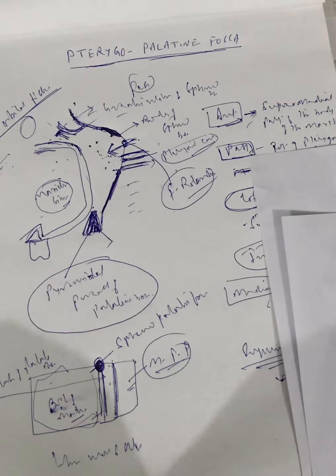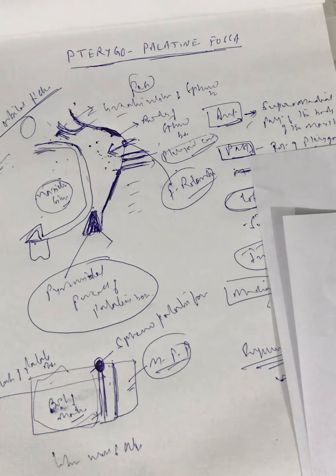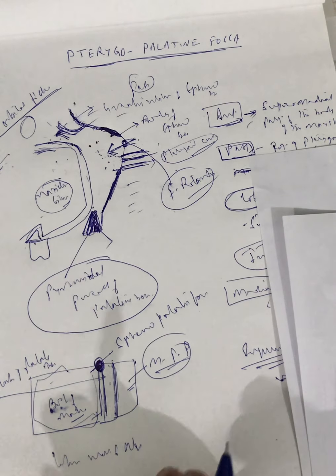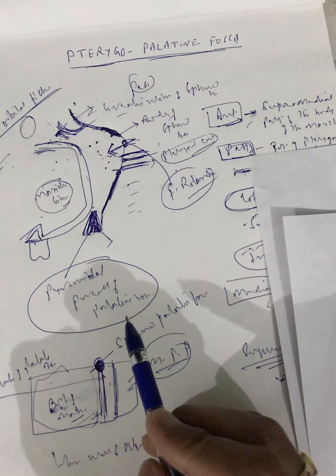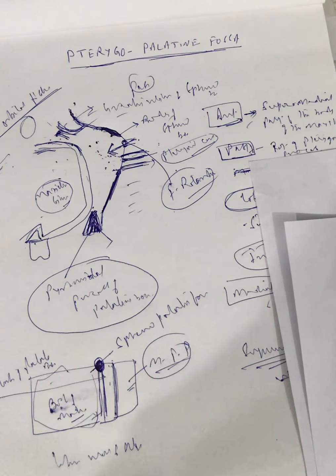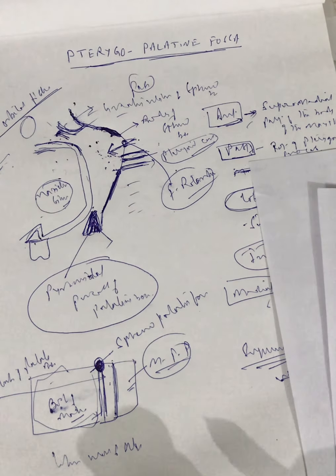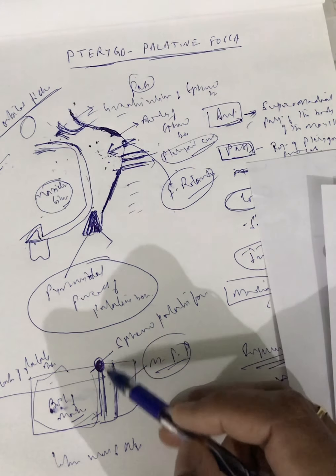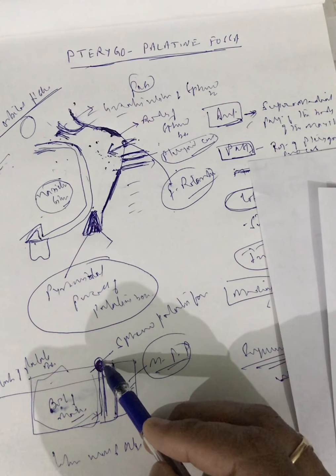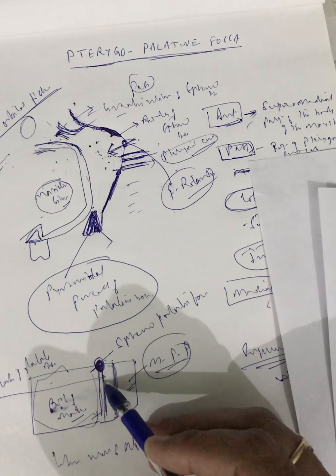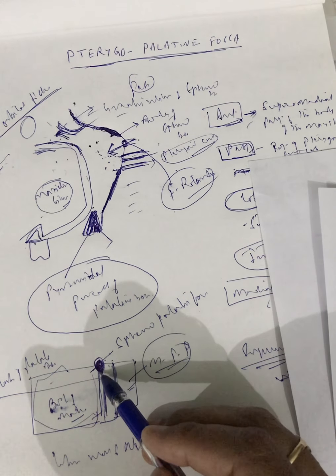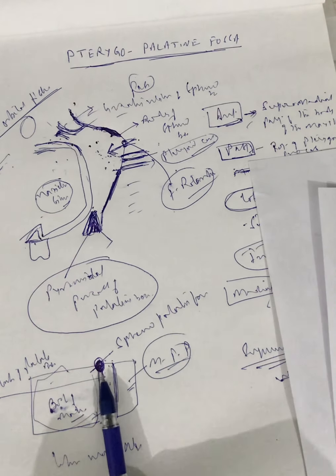So laterally it communicates with the infratemporal fossa, and medially it communicates with the lateral wall of the nose through the sphenopalatine foramen. And finally, inferiorly, there is a canal over here, known as the greater palatine groove.